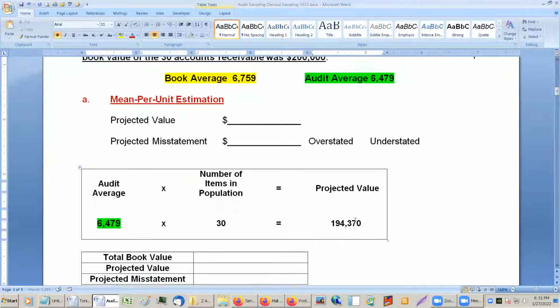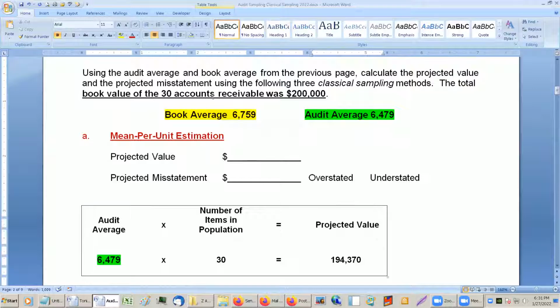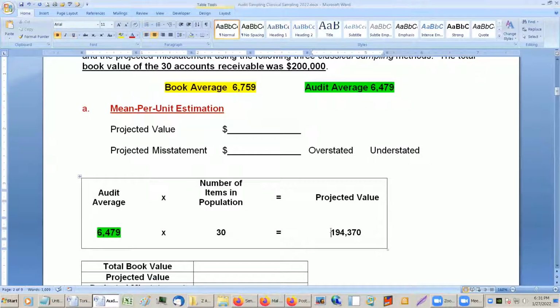So this is what we project is the true value of the accounts receivable, not 200,000, but 194,370. Did you guys get the same number, by the way? Right. Yes. Oh, you did. Okay, good.